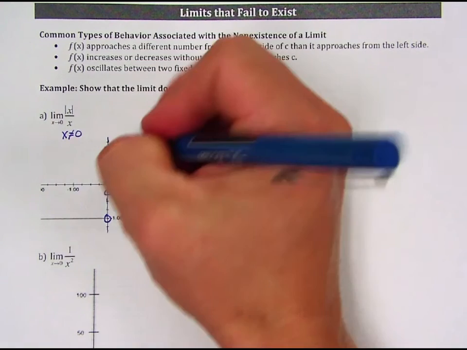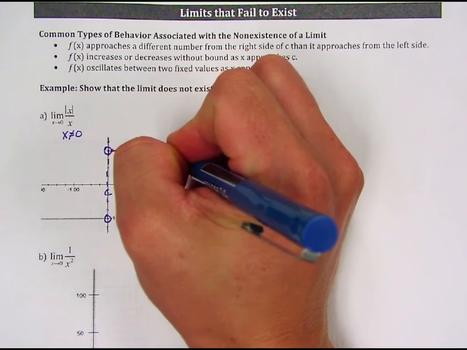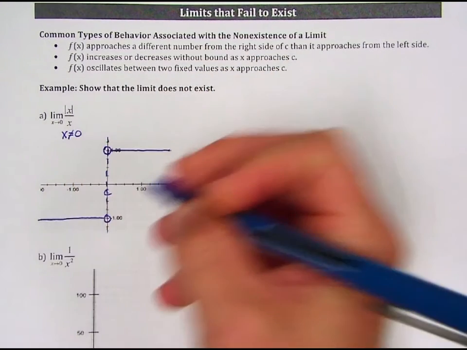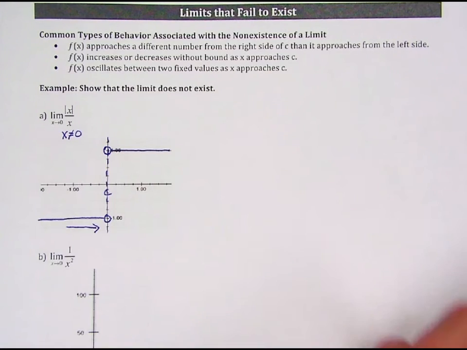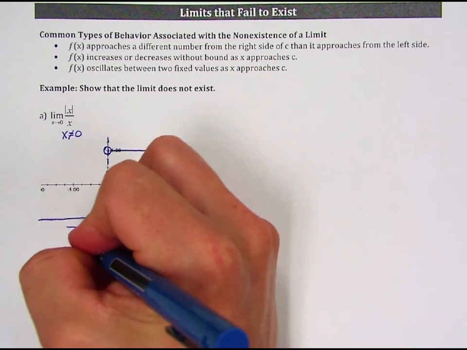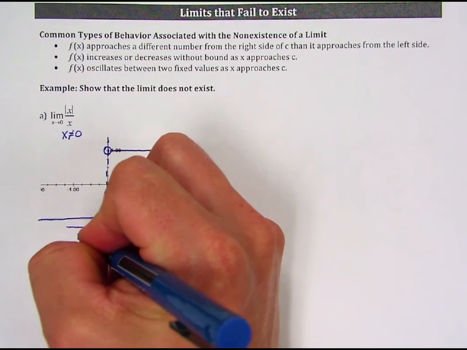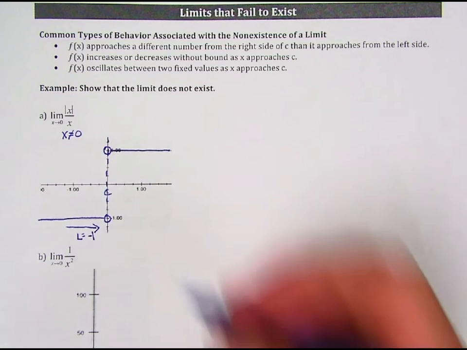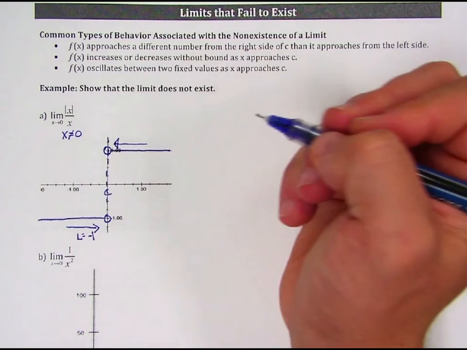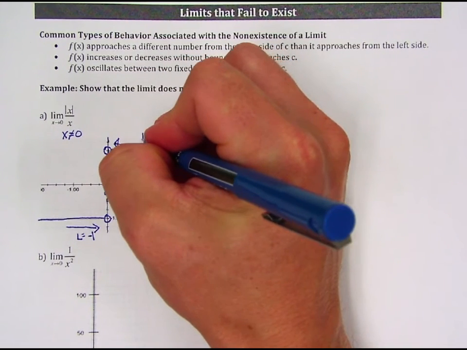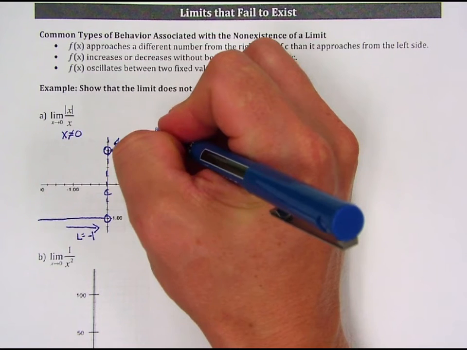So graphically, if I were to look at this, as I approach c from the left, this looks like it's giving me an L of -1. But as I approach c from the right, it looks like it's giving me an L of +1.